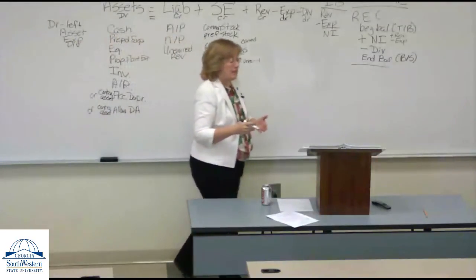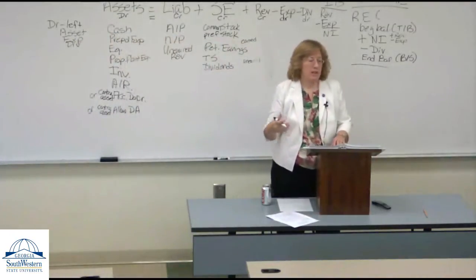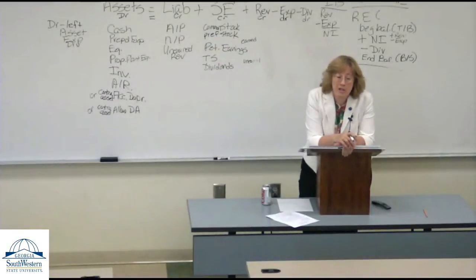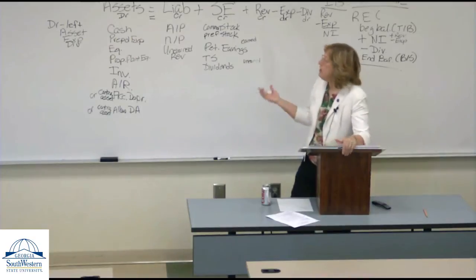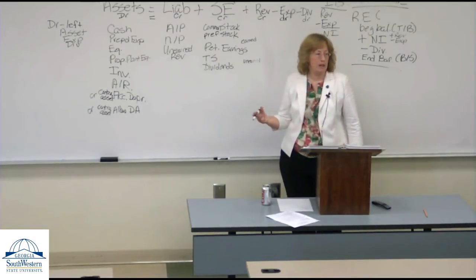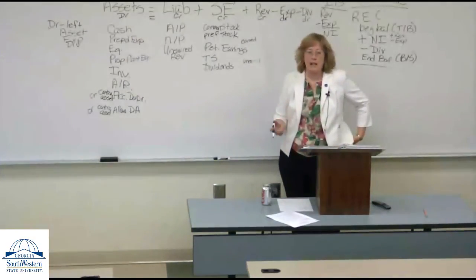And really, dividends is the weird thing. You don't have to think about that much. It's really just the assets and expenses that have debit balances. Those are the ones to mainly remember, the assets and the expenses.